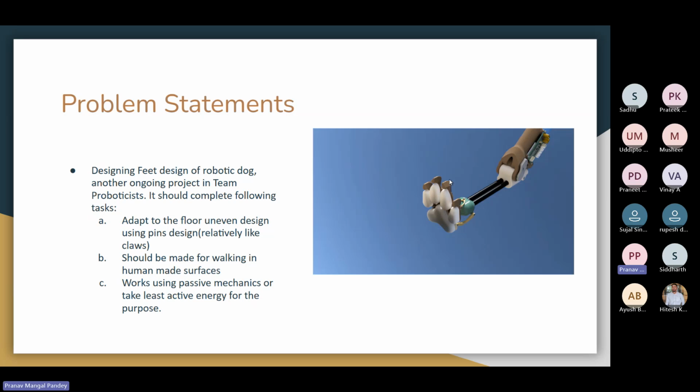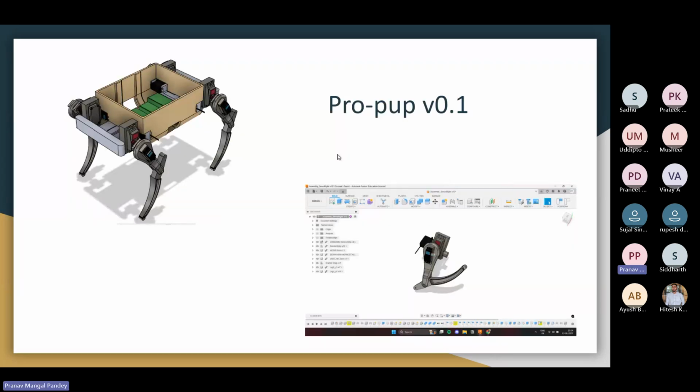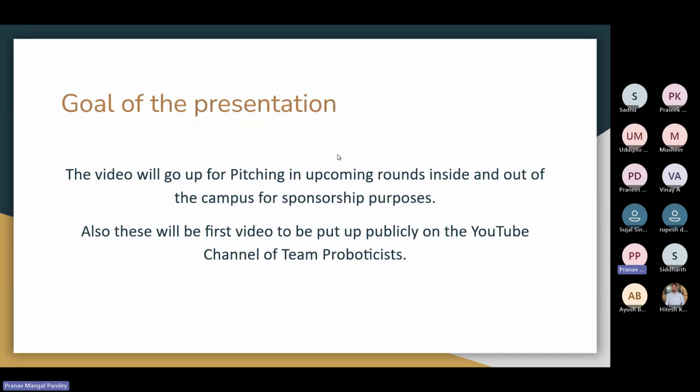So yeah, you discussed the roadmap. What is the goal of the presentation and the timeline? Recently we are going to have some pitches inside the campus as well as outside the campus for the sponsorship of both the projects.